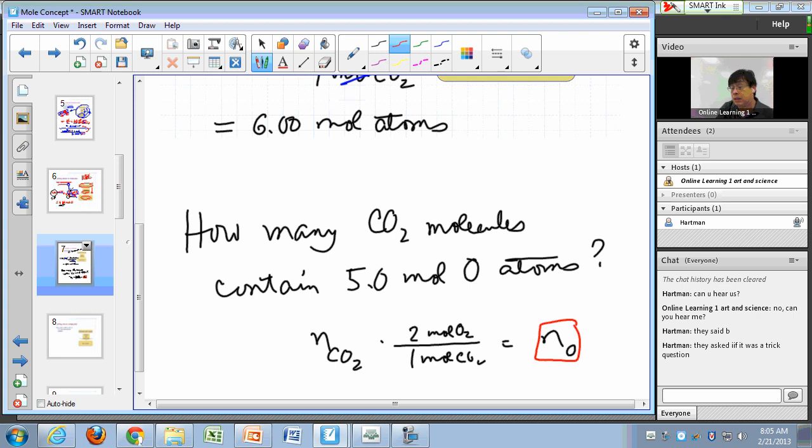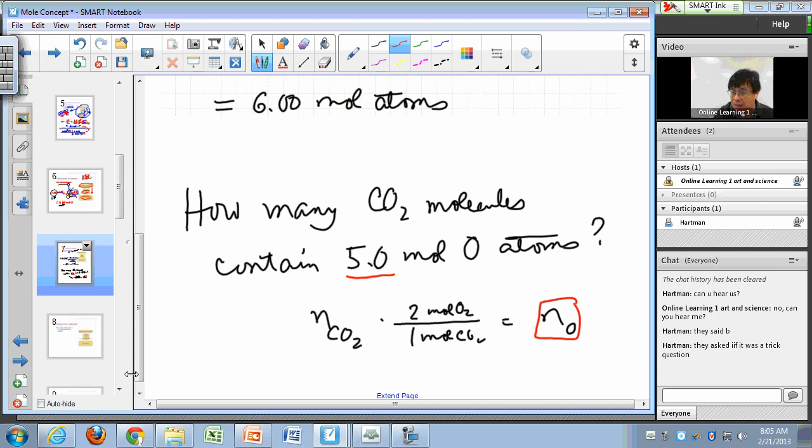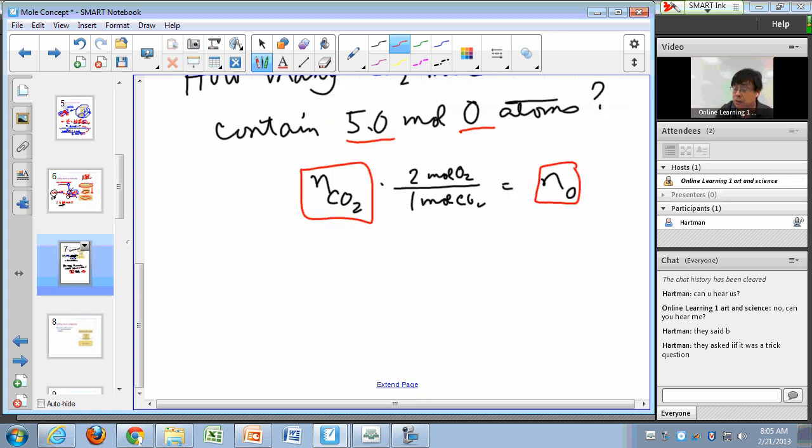So essentially, what do you do? If you have 5 eyes, then you have 2.5 people. You could say 5 dozen eyes, then you know you have 2.5 dozen people, right? So basically, if you divide this by 2, then you get the moles of CO2. So here's a way to do it. You can say divide this by 2.